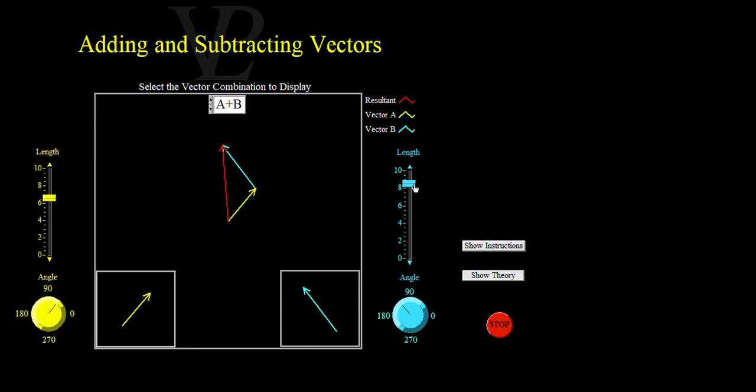And I can measure or vary the directions of A and B. This is the direction of A, 0 degrees to 90 degrees to 180 degrees to 270 degrees. And likewise with B, I can vary the direction.